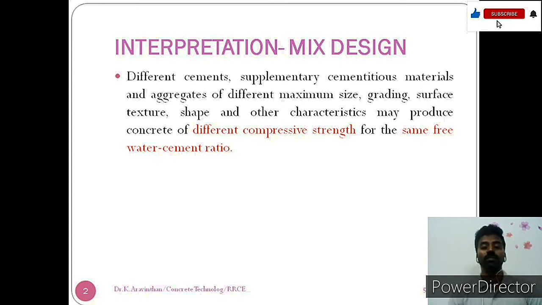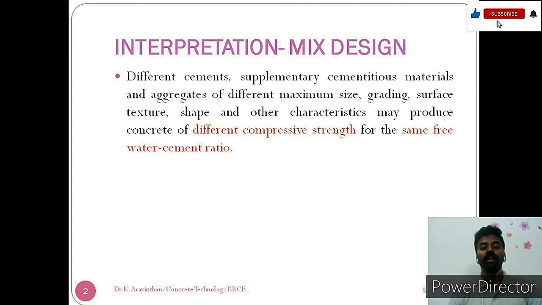Regarding that, I will be discussing the things which decide the compressive strength. While designing, we take a number of factors into consideration, but you should also note that for the same water cement ratio, we are following a graph.